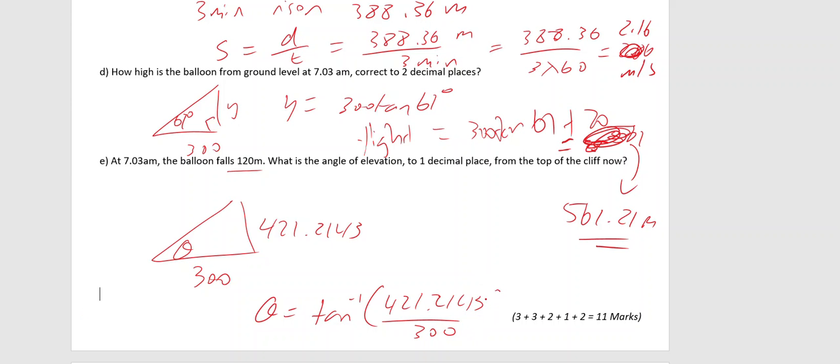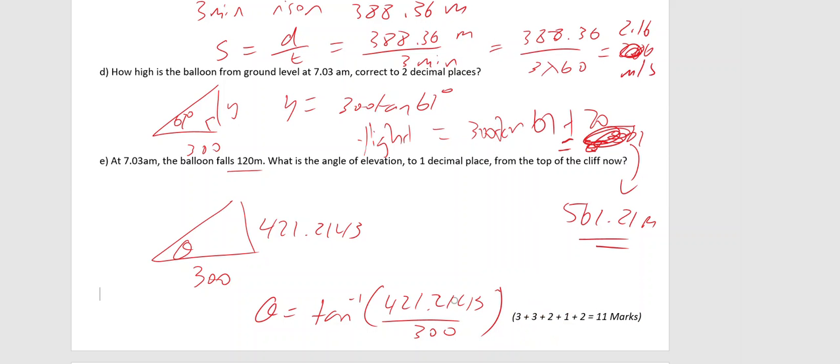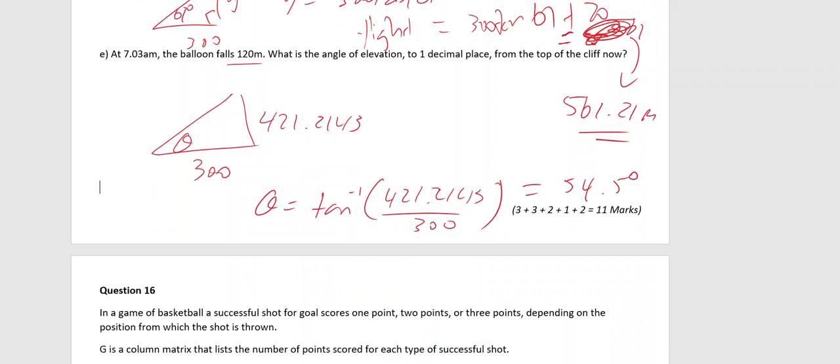So inverse tan, go trig, inverse tan, 421.21 divided by 300. You should get your angle to one decimal place, 54.5 degrees. 54.5 degrees.